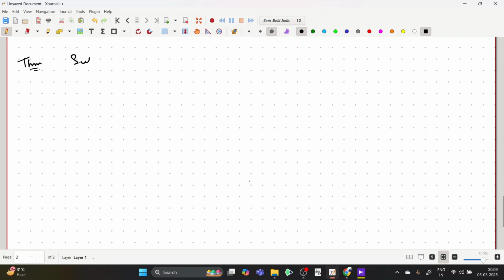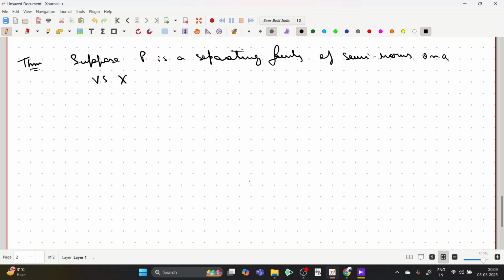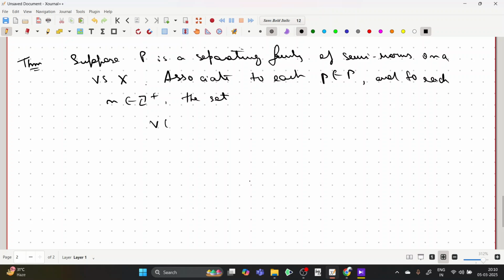The theorem is as follows: suppose P is a separating family of seminorms on a vector space X, then associate to each element small p in capital P and to each positive integer n the set V p n equals the set of x such that p of x is less than 1 over n. Fine, we can do this.